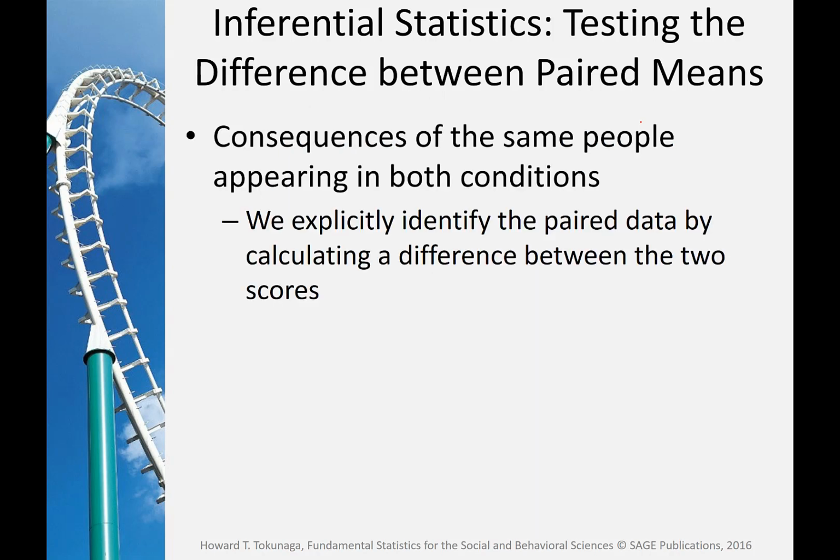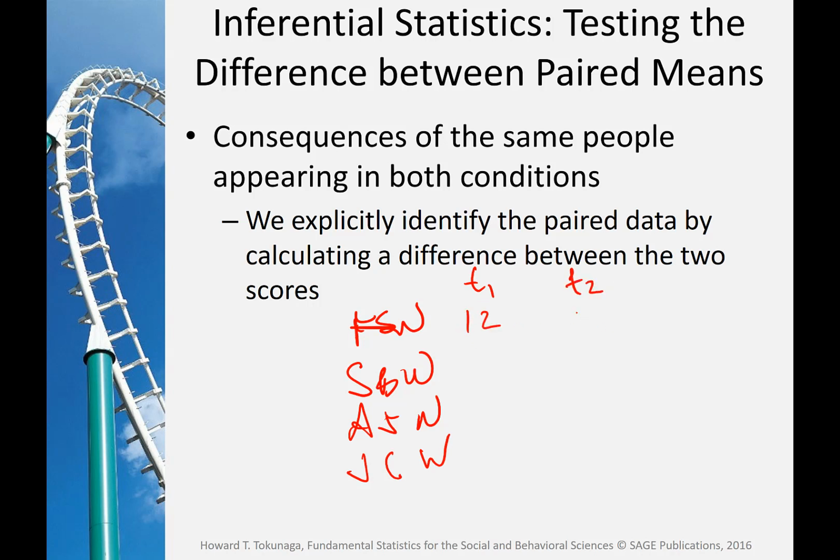So our data is a little bit different this time. The data is paired. So we're going to have time 1 and time 2, and we're going to have different scores.